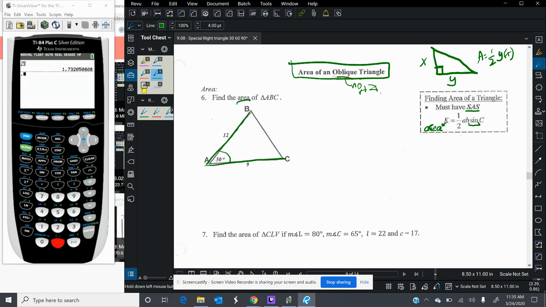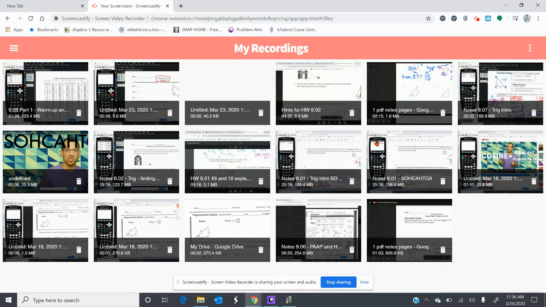So if we needed to find the area of this triangle, again, we don't have a base and a height where we could go back to our area equals a half base times height formula here. So instead we use area, or K, equals half the two sides. So the two sides being 12 and 9. So half of 12 times 9.